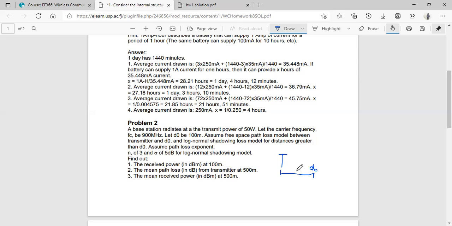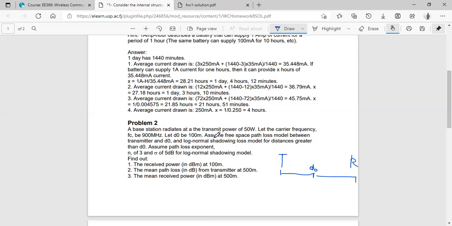The receiver is somewhere here, R, at some distance X. So 100 meters away is the point D naught.